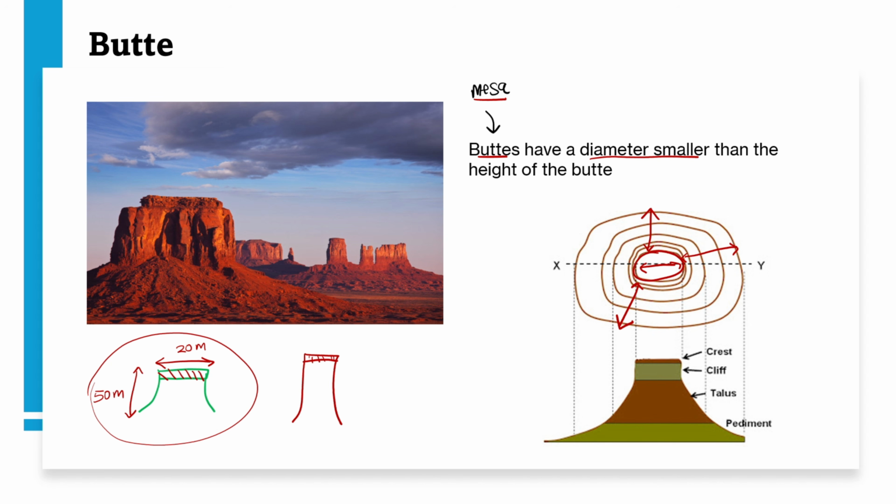And then when buttes undergo scarp retreat, they will form pointed buttes. Nothing much about pointed buttes, don't stress about them. A pointed butte is just a butte that has been eroded once again. So this butte can be eroded again and again.